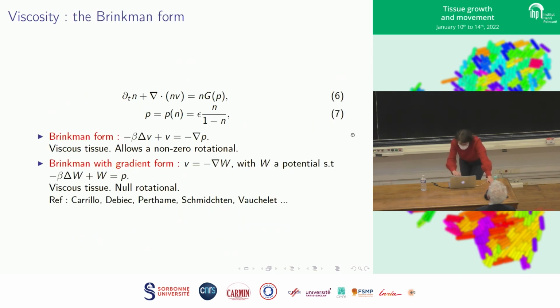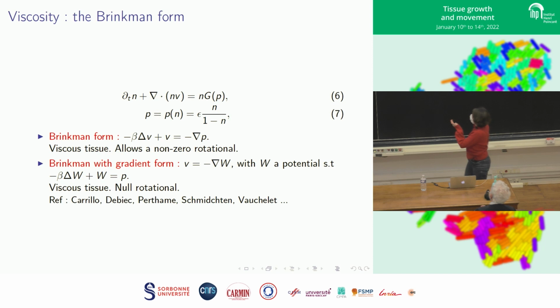So now, let me comment on the fact that in some cases, we can take V as a gradient, indeed, even with the Brinkman law. And actually, some very nice people have studied this case. Especially in the whole domain, you can take V as the gradient of minus a potential W. And in this case, if W is the solution of this elliptic equation, then when you take the gradient, you will recover exactly the Brinkman form.